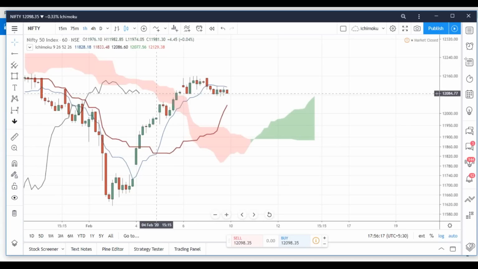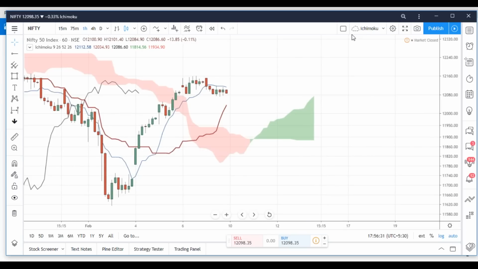See on the hourly chart, though price has crossed the cloud, Chikou is still within the cloud, and Chikou is facing resistance. So I am expecting price to pull back toward this cloud level. Let's see what the cloud level is. Yeah, so I'm expecting price to fall to this level, a flat cloud that can act as support, 11,940 or something like that.